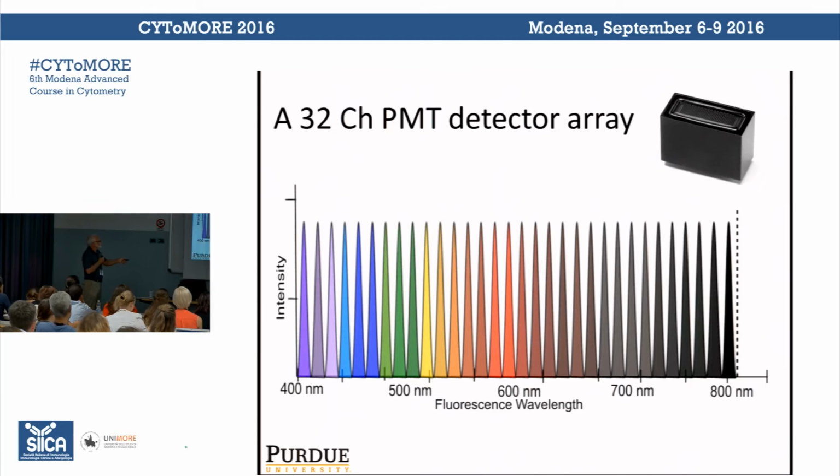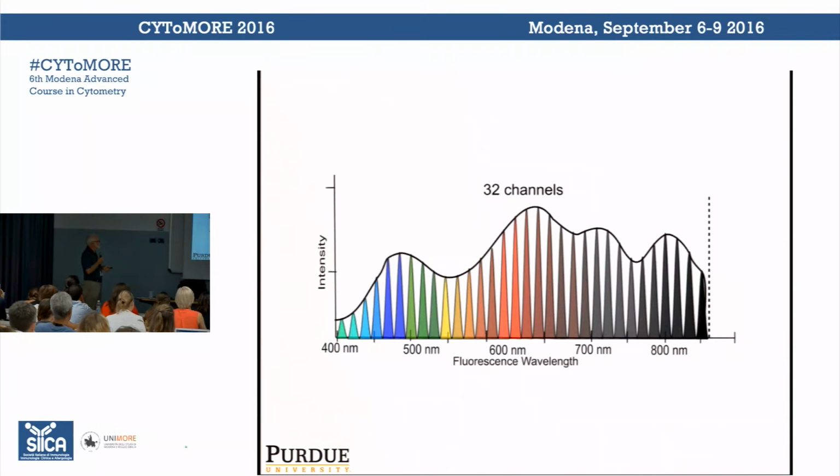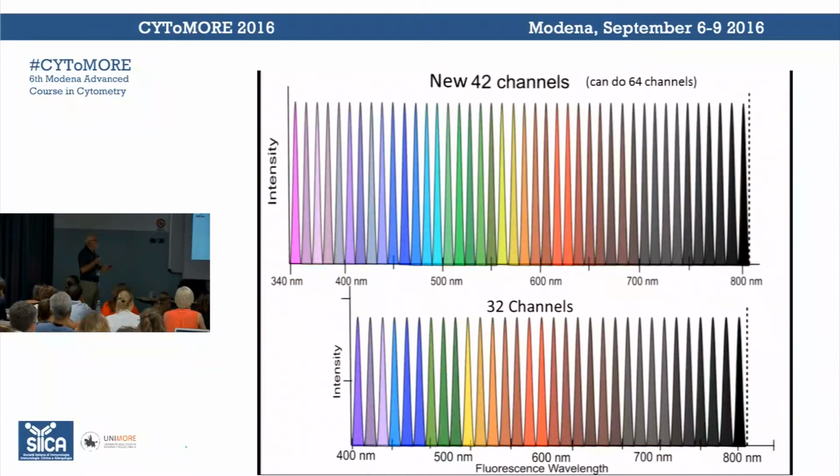So here's a 32-channel detector. It's a little different. It's still got windows. It's just got a lot of windows, and they're not so far apart. And they're all coming from something like that. And you run a cell through, and you might get this signal. You run a different cell, you might get that signal. So you can see that they're very different.